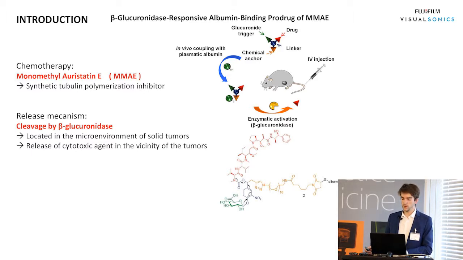polymerization inhibitor. Regarding the release mechanism, there is a cleavage by an enzyme, the beta-glucuronidase, which is located in the microenvironment of tumors. So it allows to release this cytotoxic agent, the MMAE, in the vicinity of tumors.